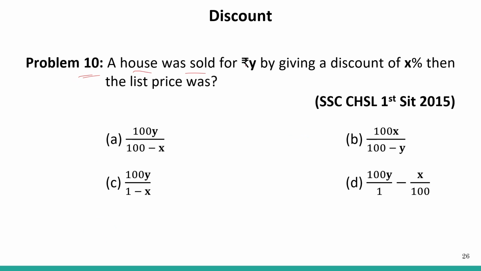A house was actually sold for Y rupees by giving a discount of X%. Then what was the list price? So this question has appeared in SSC-CHSL first sitting 2015 paper. Okay. So which among these 4 tells us the answer for this, that is the list price? Okay. The house was sold for Y rupees by giving a discount of X%. Okay.